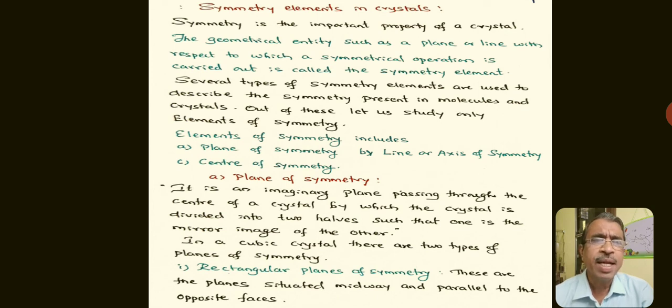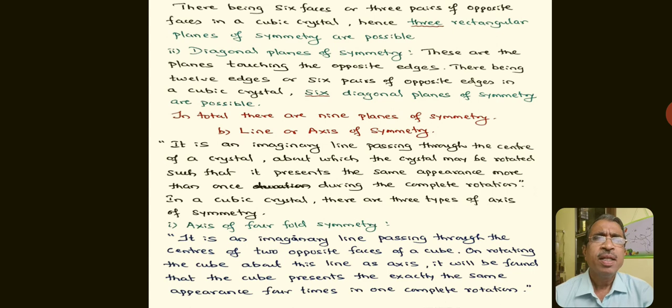Coming to the first one, the rectangular plane of symmetry. These are the planes situated midway and parallel to the opposite faces. There being 6 faces in a cubic system, or 3 pairs of opposite faces, hence 3 rectangular planes of symmetry are possible.